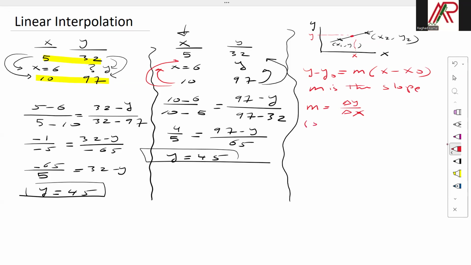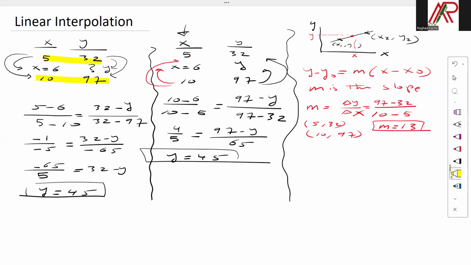We have point number 1, 5, 32, and point number 2, 10, 97. So we can apply delta y by delta x. In this case, 97 minus 32 divided by delta x, 10 minus 5. And then we have m, in this case, 13.